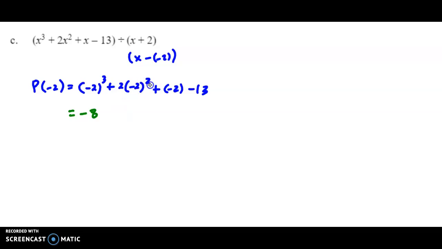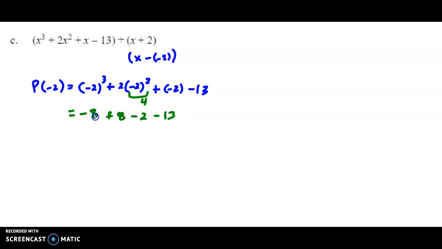And order of operations, you've got to do exponents first and then multiply by the 2, all right? So that portion right there is a positive 4, not negative 4. And then positive 4 times the 2 is a positive 8, so that's going to be plus 8, okay? And then here, plus negative 2 is just minus 2 and minus 13, all right?